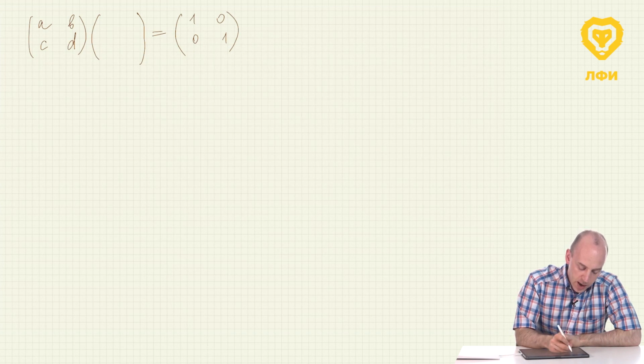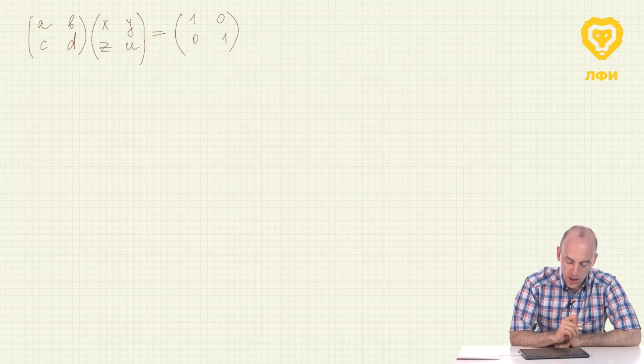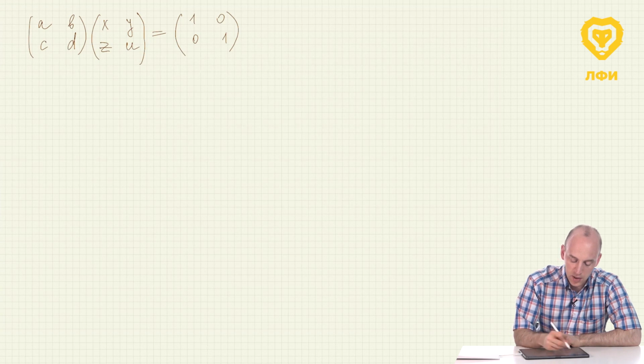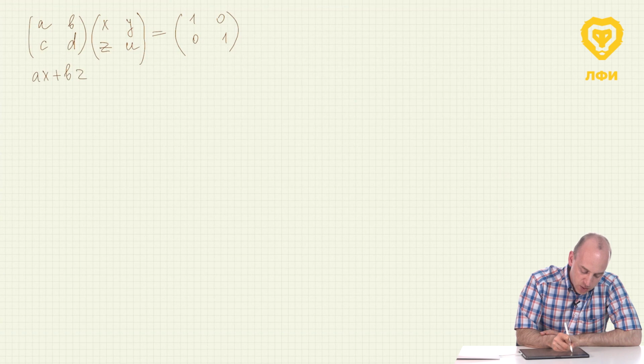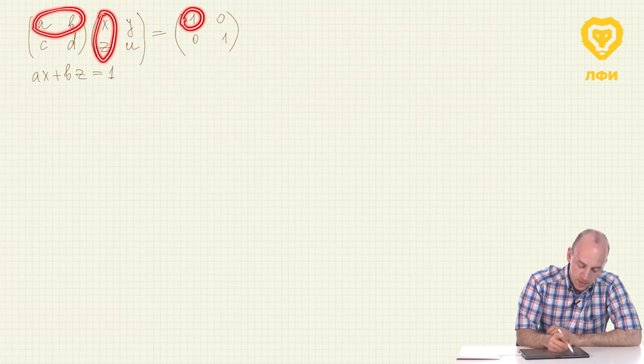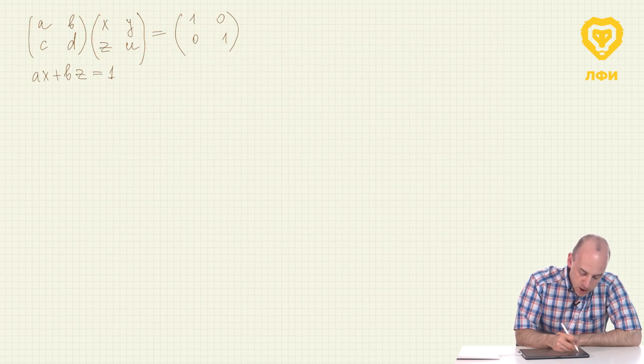So let us denote the elements in the matrix, the unknowns, as x, y, z, u, and our goal is to find the unknown variables. First let us write down the equations we have. ax plus bz is equal to 1. So I have multiplied the first row by the first column and got this element.